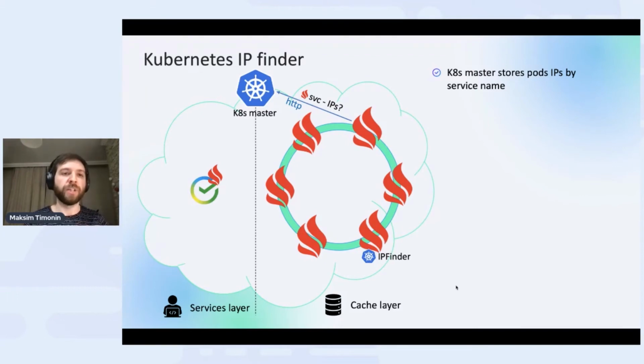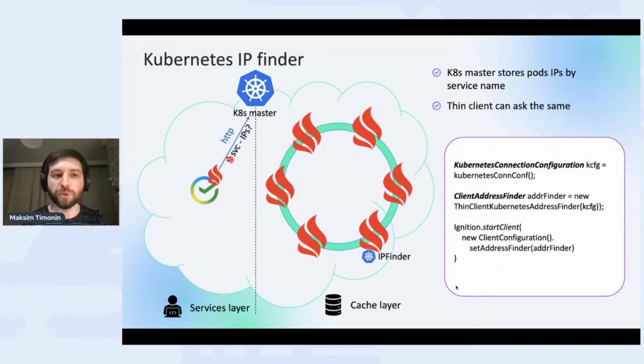Kubernetes responds with an ordinary HTTP response that there are available pods running within the service. The cluster then finds the IPs of every node in the cluster, and it helps to establish connections and build the topology.